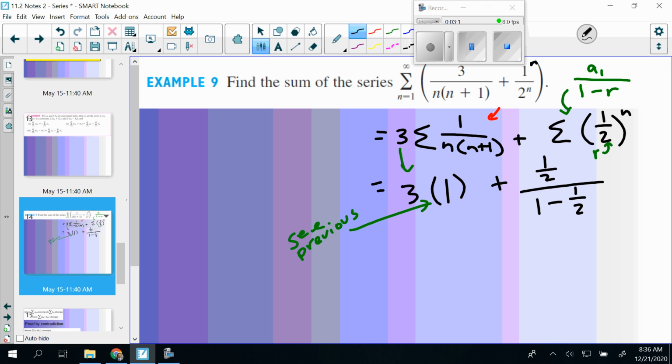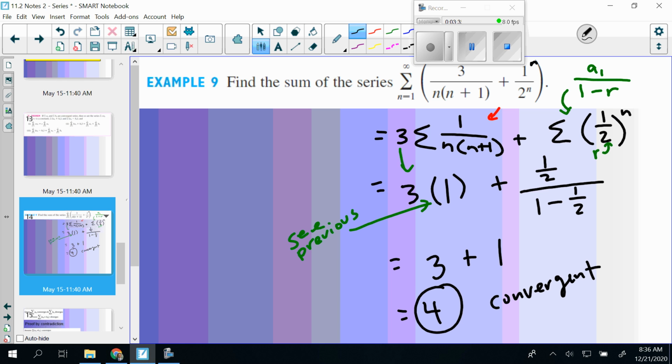All right, so what's this going to equal? 3 plus, it'll end up being 1/2 over 1/2, which is 1, and so this is going to be an answer of 4, and so this one is convergent to 4. So 4 would be the sum of this one.